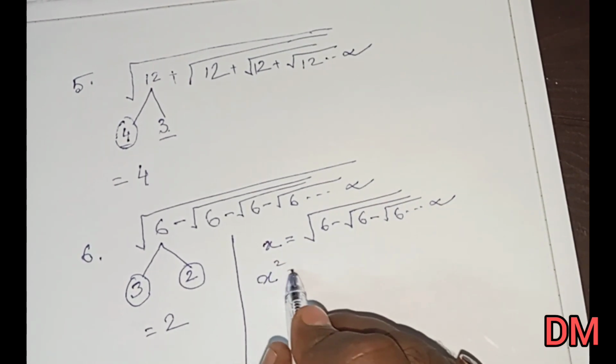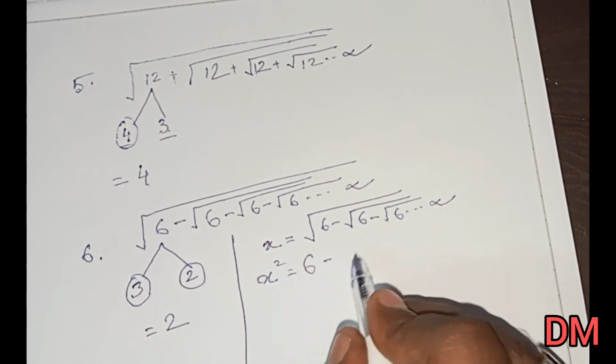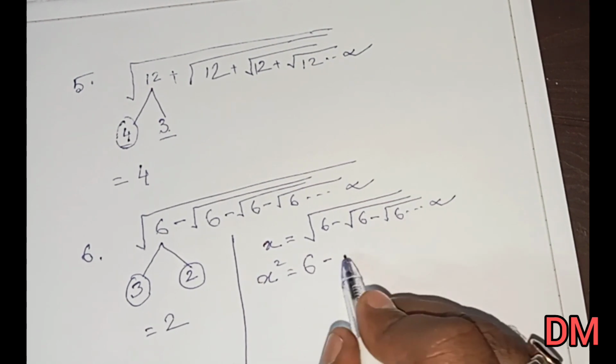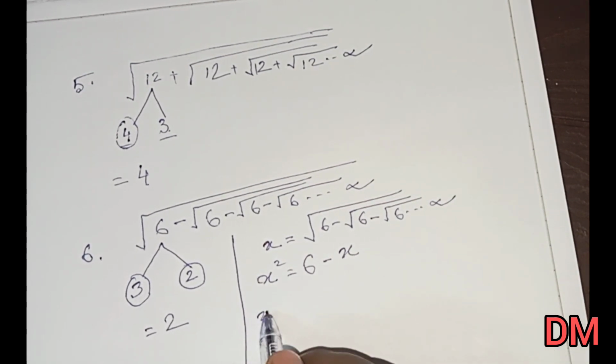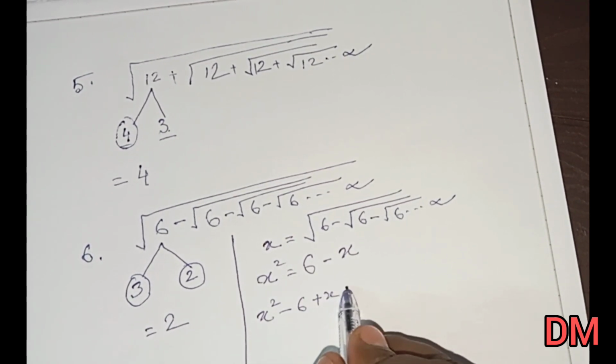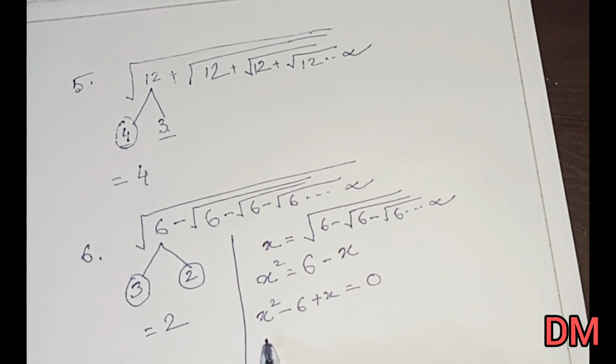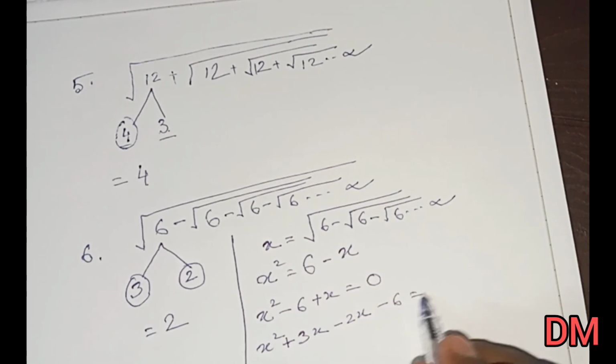Then x square equals 6 minus this whole term, that is equal to x. So x square minus 6 plus x equals 0, and x square plus 3x minus 2x minus 6 equals 0.